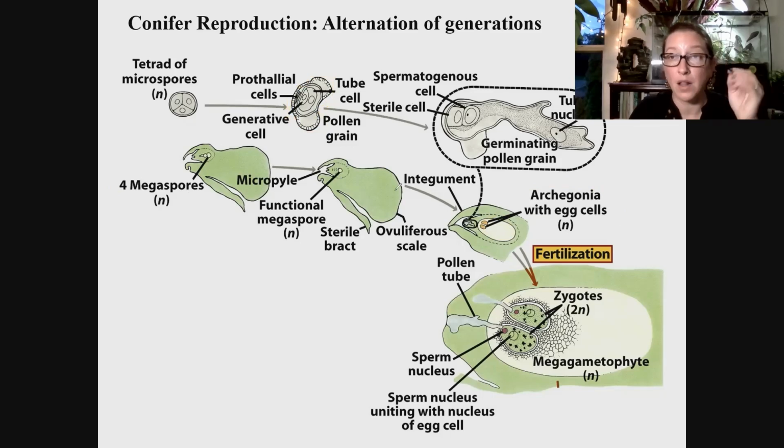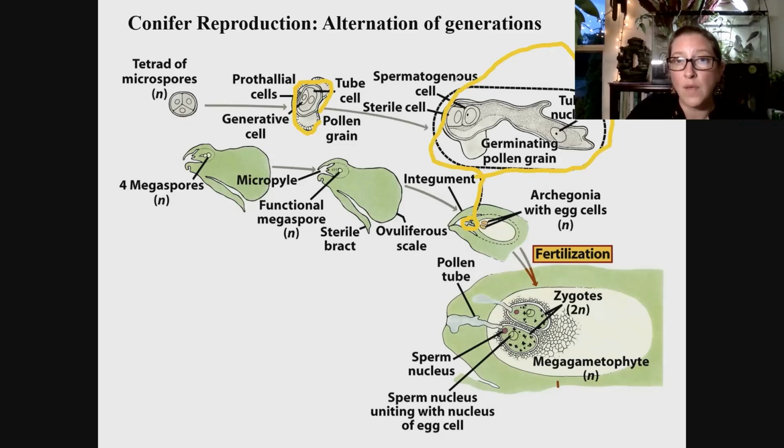Eventually, the pollen grain is here, Mickey Mouse. Eventually, the pollen grain will land on the tip of the ovule. That's what this is showing you here, and this is a close-up of that here. When the pollen grain lands on the ovule, this pollen tube cell will grow. And it will grow into the ovule and allow the sperm to reach the eggs, which is what is showing you down here.